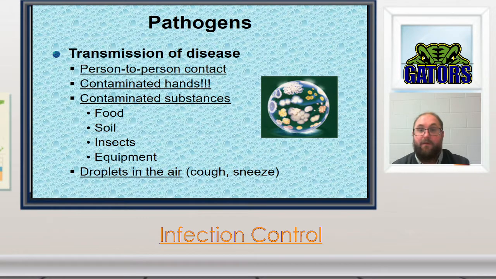So, person-to-person contact, shaking hands with someone, giving someone a hug, giving someone a kiss, can pass these different types of diseases. Touching someone with unwashed hands, or contaminated substances that may have those pathogens growing on them, like food, soil, insects, and equipment. And then droplets in the air when someone sneezes or coughs and a virus or microorganism goes airborne.